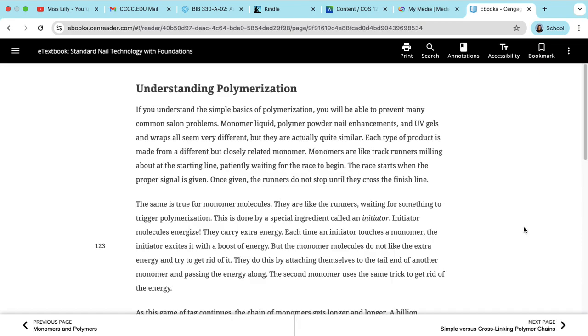Understanding polymerization: if you understand the simple basics of it, you will be able to prevent many common salon problems. Monomer and polymer nail enhancements, UV gels, and wraps all seem very different, but they are actually quite similar. Each type of product is made from a different but closely related monomer.